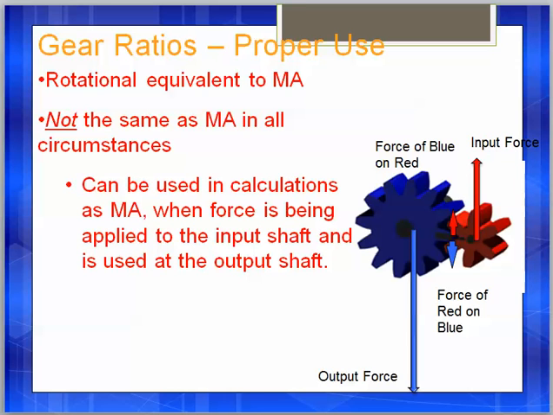It's not the same as mechanical advantage in all circumstances, but if we think about it in terms of force, input and output force at the axle, if we have a very small idler gear, the amount of force that's being put into this small axle, because of the small gear, when it comes over here, you're going to get twice as much force at the axle.